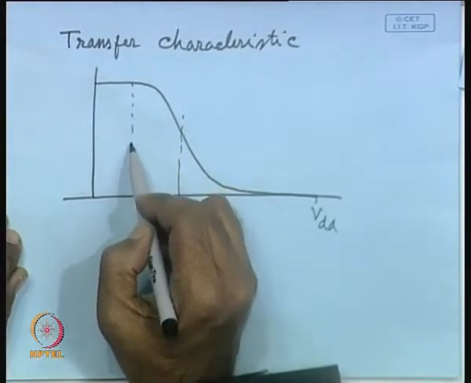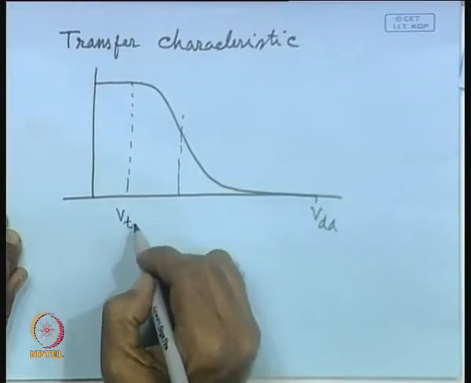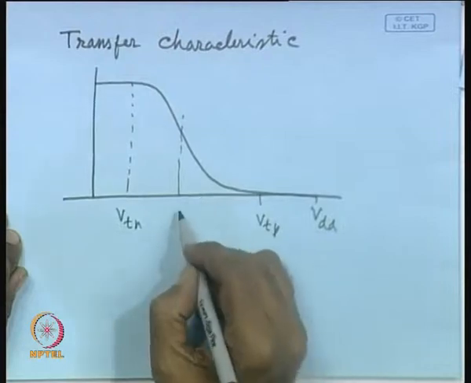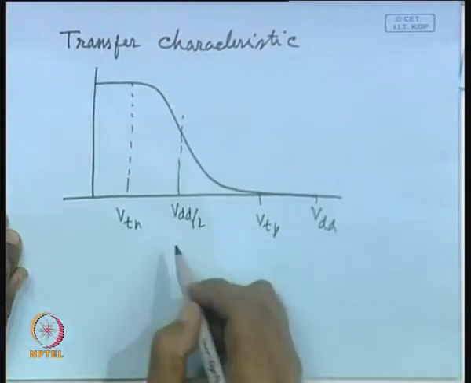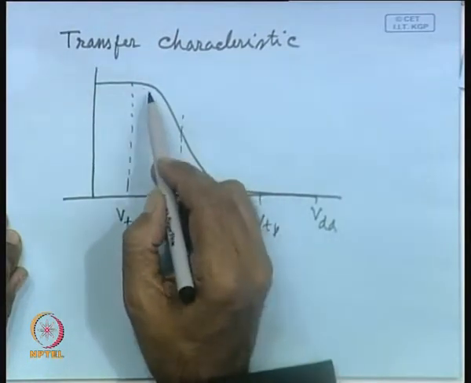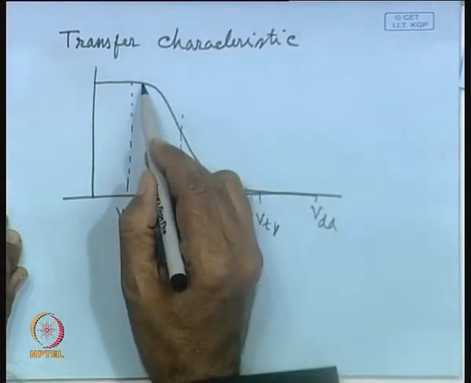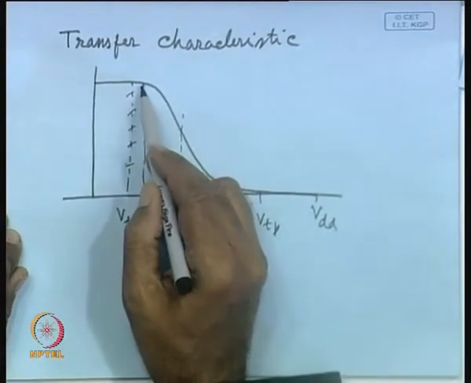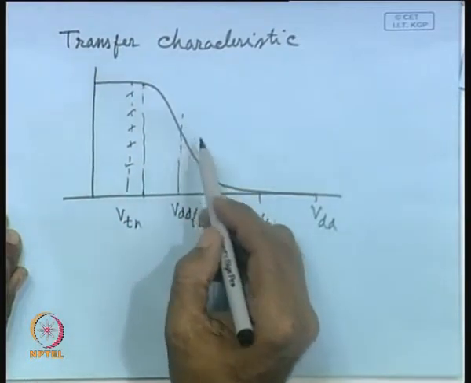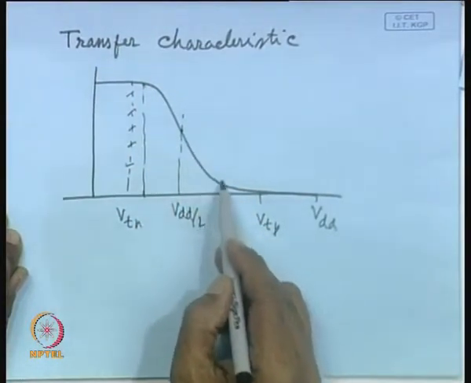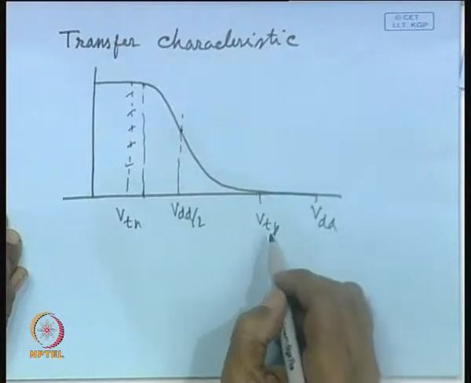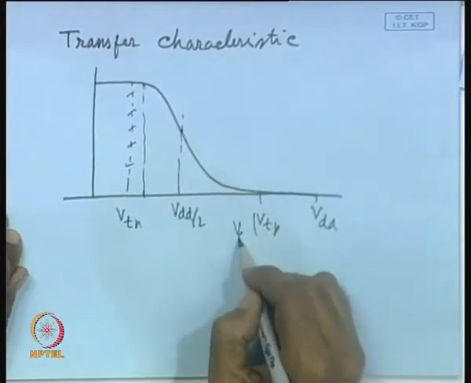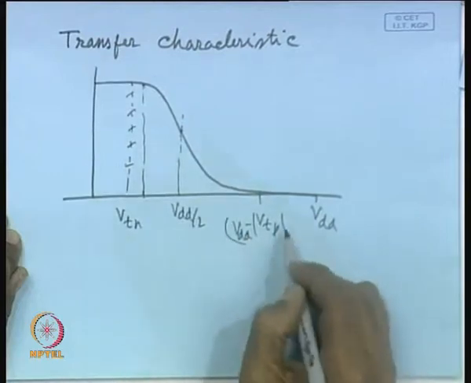This is your VTN, this is your VTP, and this is VDD by 2 roughly. Current starts flowing, and for this entire duration, this point is actually VDD minus VTP.